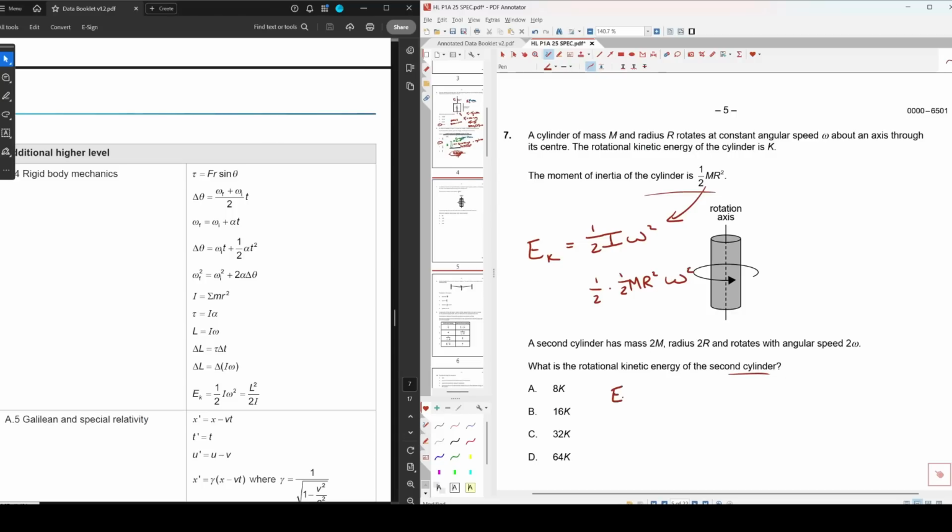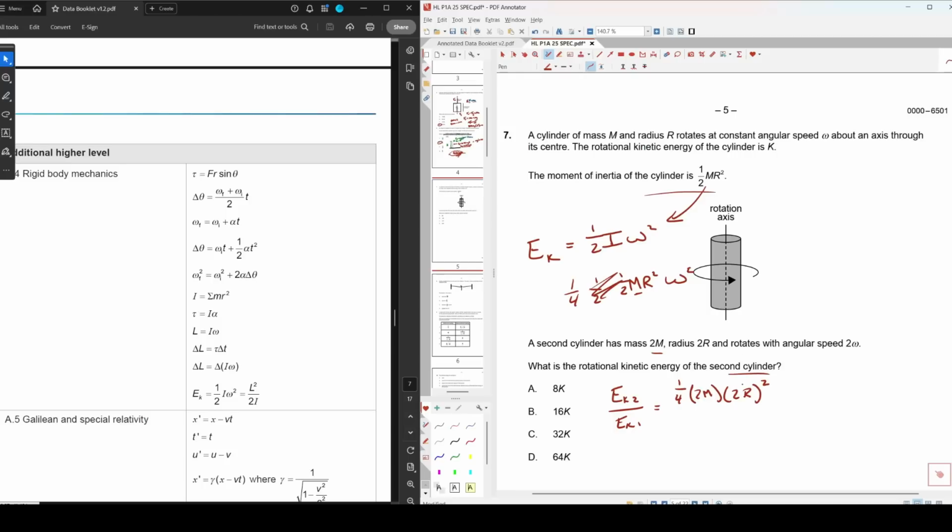So let's do EK of the second cylinder divided by EK of the first cylinder. I'm going to do this whole equation, which is 1/4 times the mass. The second cylinder has a mass of 2m times r squared. So it's got a radius of 2r squared.